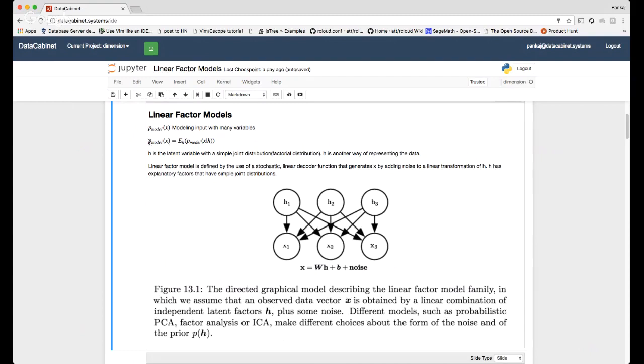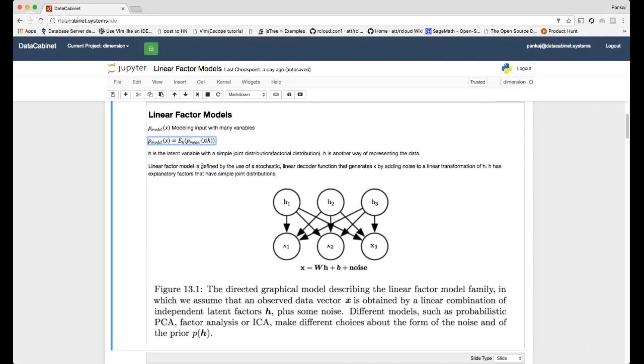Let's suppose you factor in, given H, the conditional probability of X. Then the probability distribution can also be thought of as the expected value over the latent variables if you model the conditional probabilities.